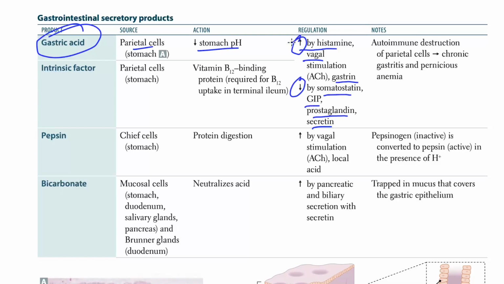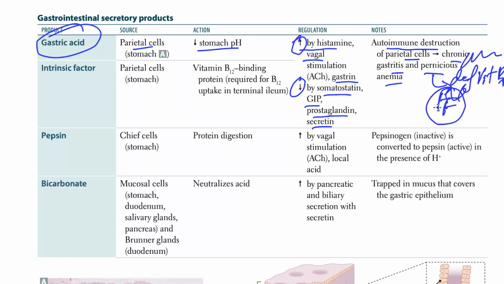Note autoimmune destruction of parietal cells. If you have an autoimmune destruction of the parietal cells, it leads to chronic gastritis and pernicious anemia. Okay. And pernicious anemia, meaning megaloblastic anemia, is due to deficiency of vitamin B12. Why? Because you can't make your intrinsic factor to get attached to vitamin B12 and to absorb that.